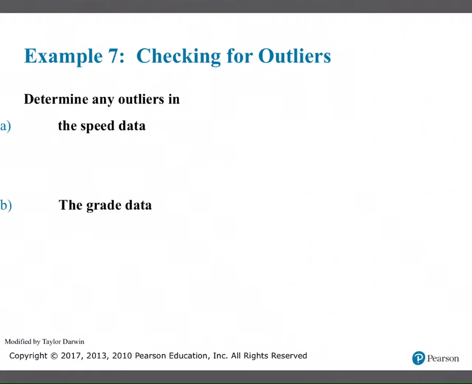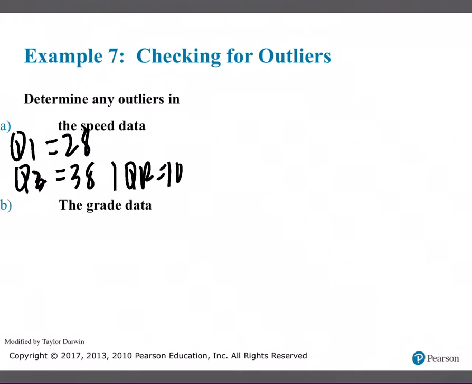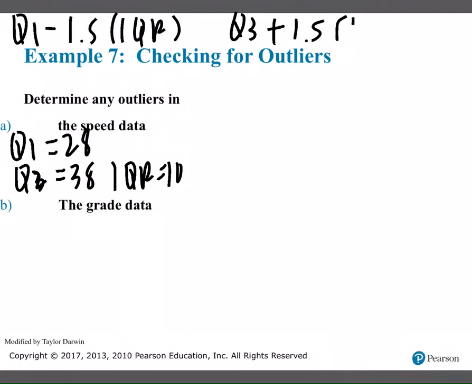So speed data, here's Q1 was 28. Q3 was 38. And then our IQR was 10. Okay, and I'm going to write those lower and upper fences up here. It's Q1 minus 1.5 times IQR. Q3 plus 1.5 times IQR.